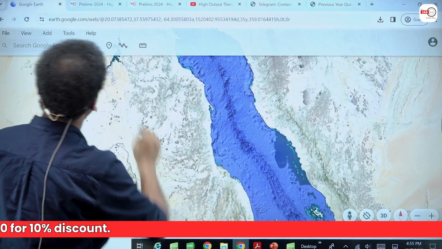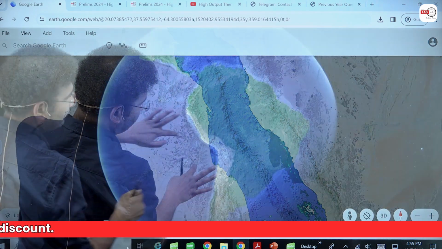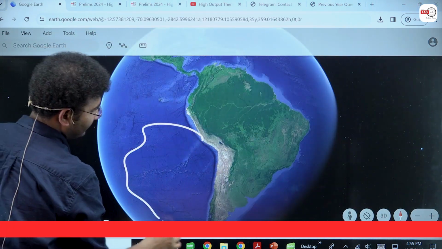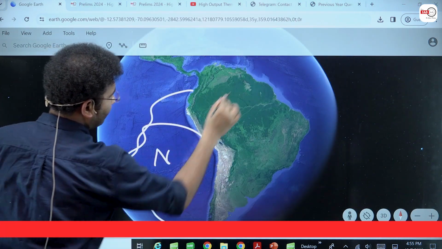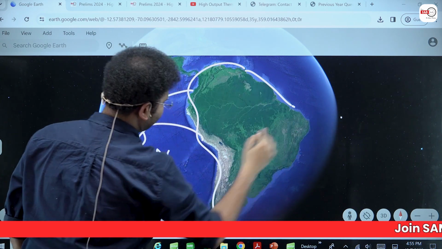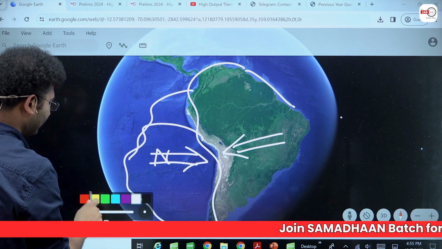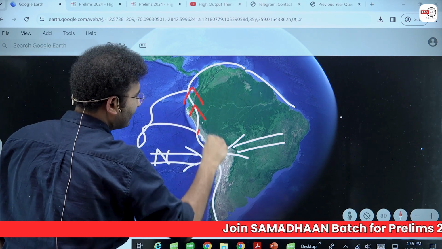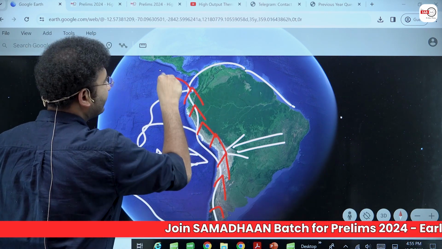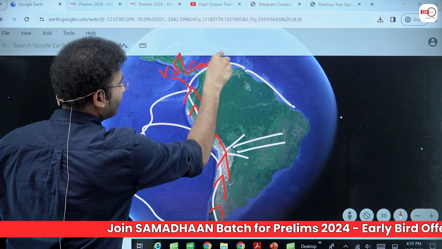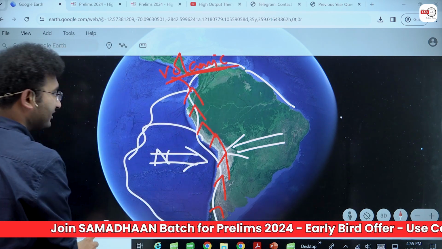Look here, this is your Nazca plate and this is your South American plate. As this plate is moving in this direction, here you will see the formation of mountains, and these mountains are volcanic in nature. Okay, and trenches are also formed here.